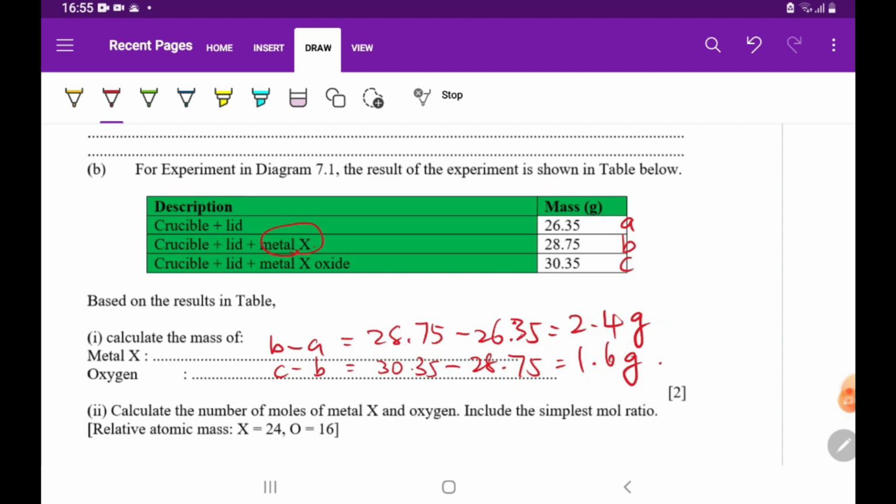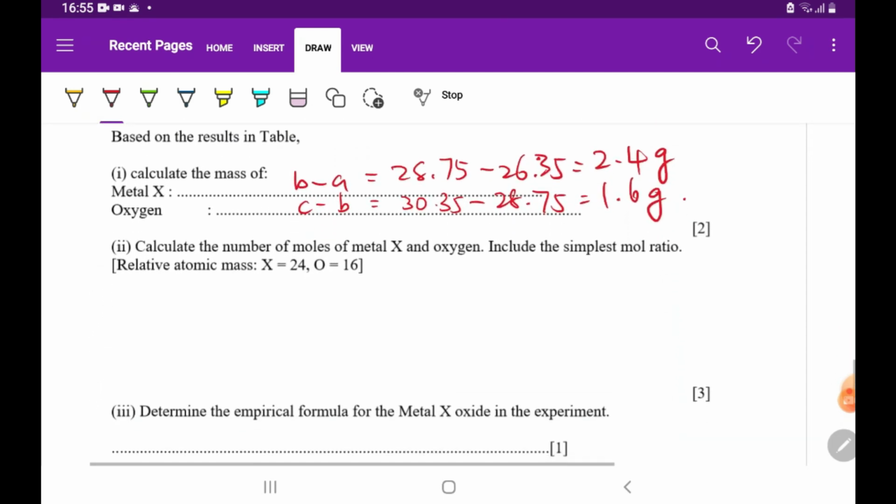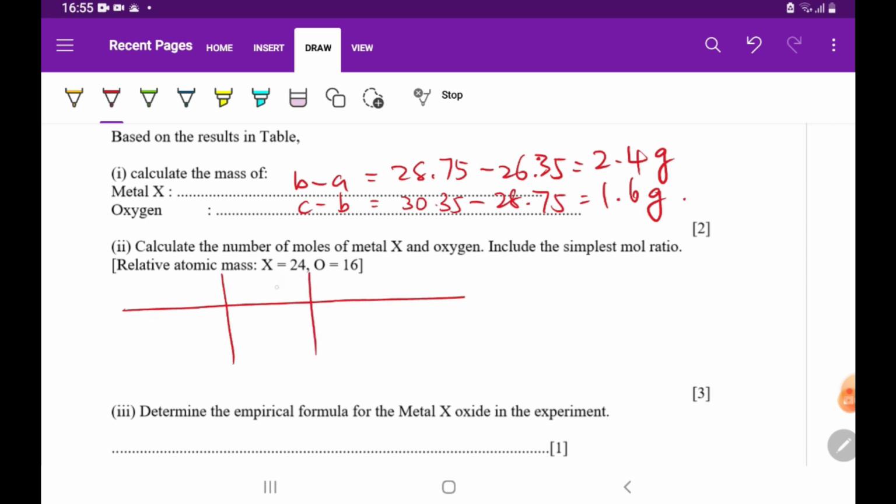Okay, so you have the mass already. Now calculate the mole for metal X and oxygen. We can make a table, easier. Number of mole: X is 2.4, mass over molar mass 24, so you will get 0.1.